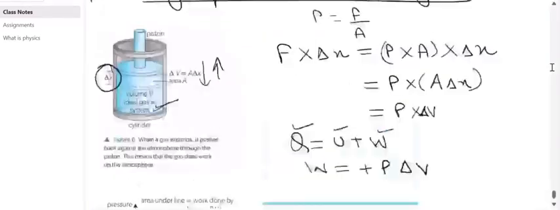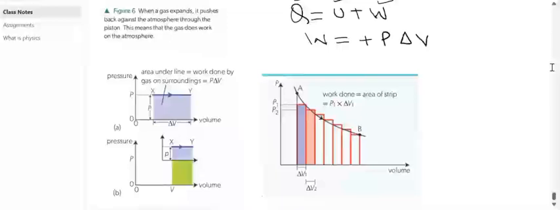If you want to calculate the work done in a pressure volume graph, you have to calculate the total area under the graph, and as it is in integral form and a curved path, you will collect strips and calculate the area of each strip. Any doubt? No, ma'am.